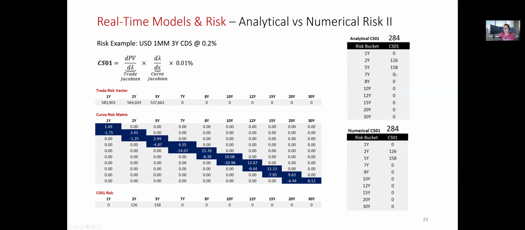If you think of that in cash terms for $1 million, that would be 666,000 short of the 2-year CDS and 333,000 short of the 5-year CDS because we had a $1 million notional here. So it's 2/3 of 1 million in the 2-year and 1/3 of 1 million in the 5-year. And that's why your risk is split in that way. The reason why it's split is obviously you don't have a 3-year bucket to hedge with, you only have a 5 and a 2. So therefore it has to split the risk between 2 buckets.